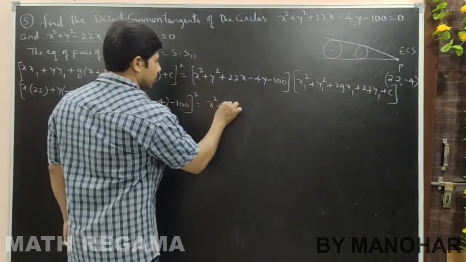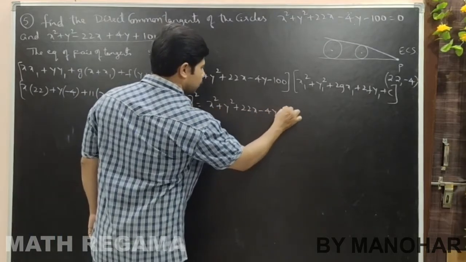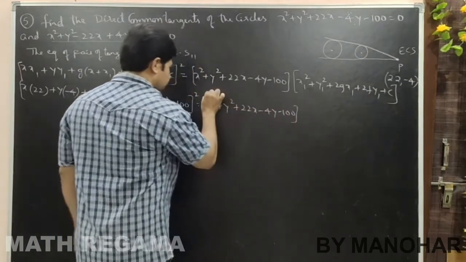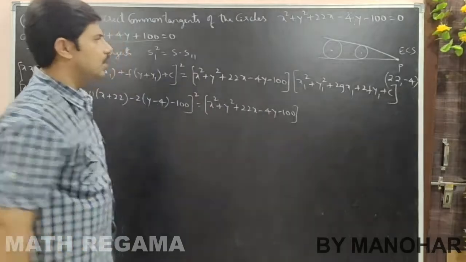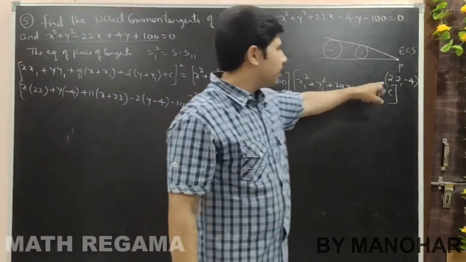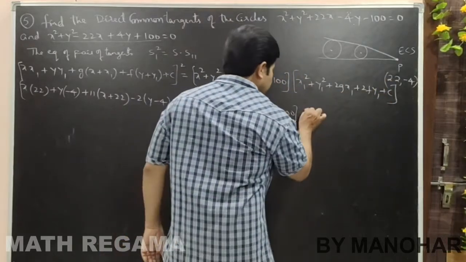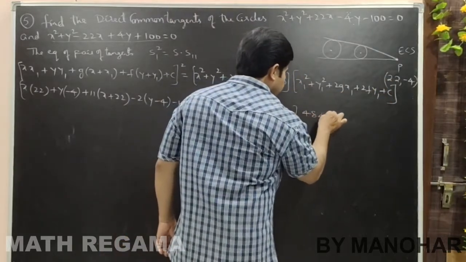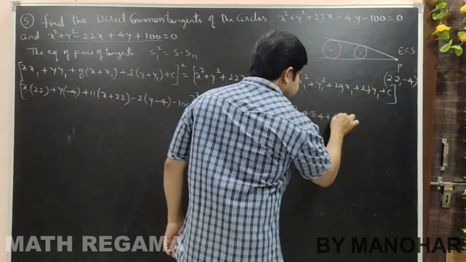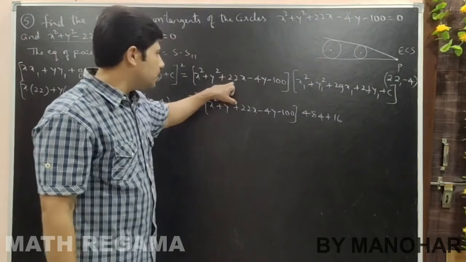It is x square plus y square plus 22x minus 4y minus 100 into. Now I will substitute x1 y1 as 22 comma minus 4. So what is x1? It is 22. 22 square is 484. So I am writing 484 plus 16, y1 square, minus 4 square is 16. What is 2g? 2g is 22.